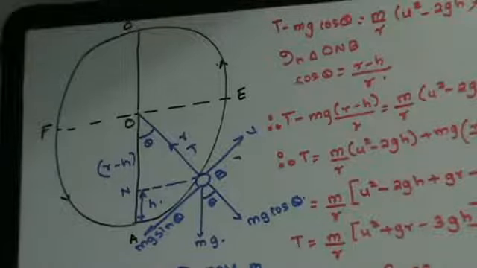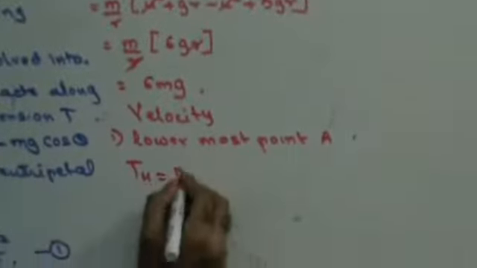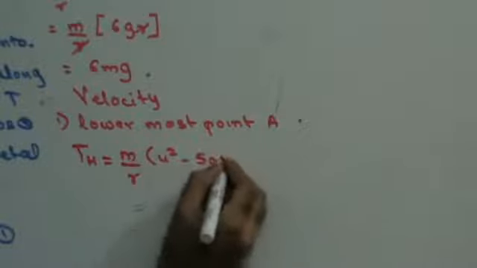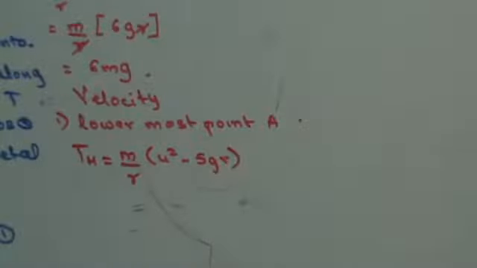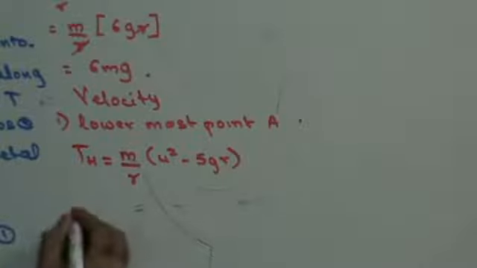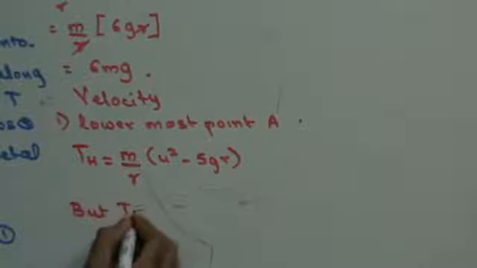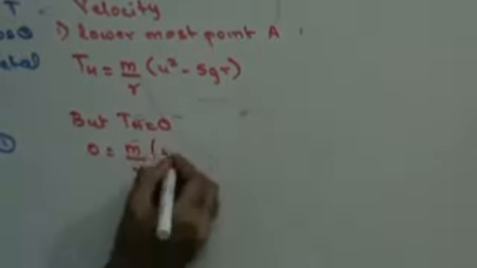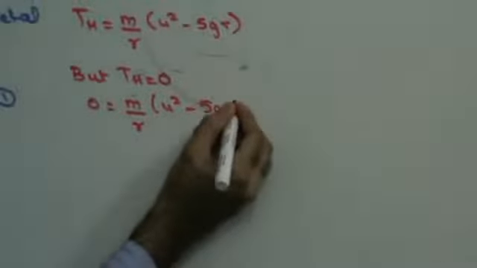I can say that the tension at the highest point you had found out is m upon r (u square minus 5gr). But at the highest point, when the particle has just crossed the highest point without slacking of the string, T is equal to 0. So in that case, I can say 0 is m upon r (u square minus 5gr).